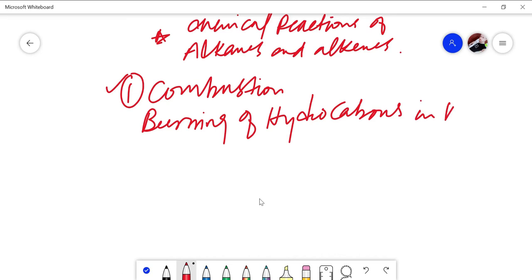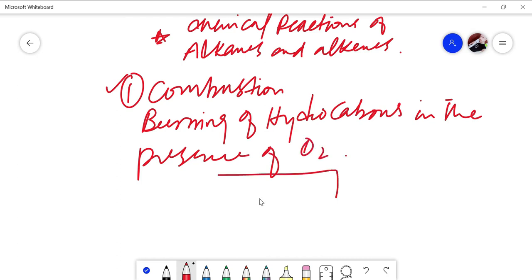Combustion is classified into two categories: complete combustion and incomplete combustion.